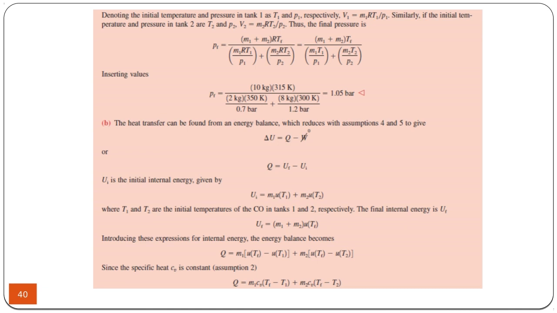So after the mixing or during the mixing, we can write also the energy equation as dU being equal to Q minus W. We don't have any change in potential or kinetic energies. Here, there is no moving piston, only a fluid moves from one tank to another so that there is no work done.